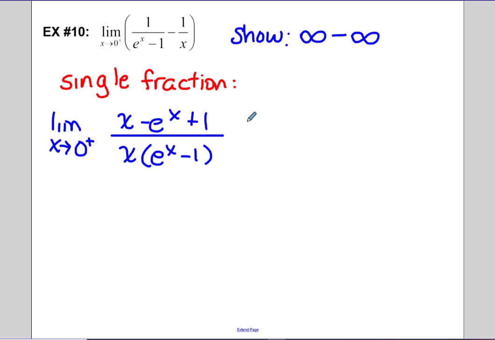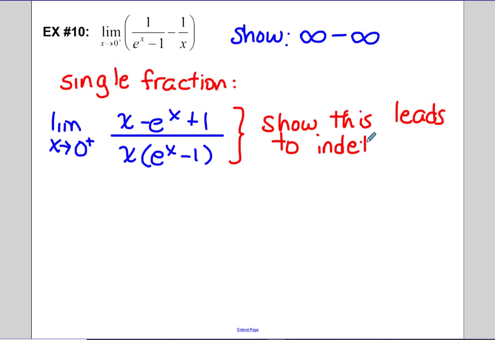And then again, saving for time, our next step on our paper would be to show that this leads to indeterminate form. So you would need to actually write that out on your paper to show that the numerator leads to 0 and the denominator leads to 0. And when that occurs, then you're back to case 1 and you can apply L'Hopital's rule.